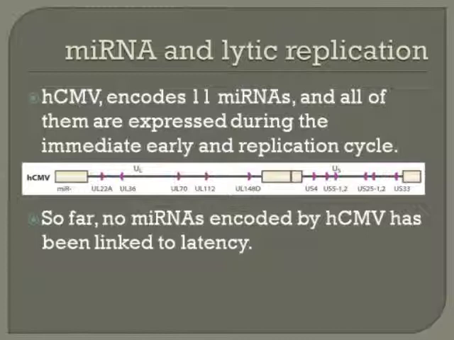Then we will move on to microRNAs that cause lytic replication. In HCMV, 11 microRNAs are present, and all of these 11 microRNAs are present in the coding regions of the genome, and all these genes are expressed in the early and immediate early phase of replication.